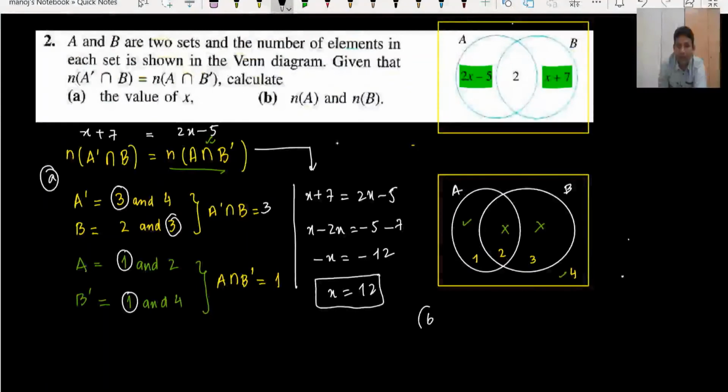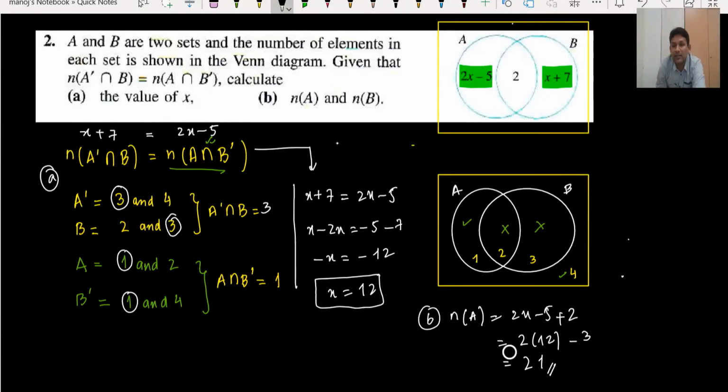The B part is about the number of elements in A. What area is for A? The area for A is 1 and 2, so 2x minus 5 plus 2. When we simplify, 2x is 24, minus 3 gives 21. The number of elements in A is 21.